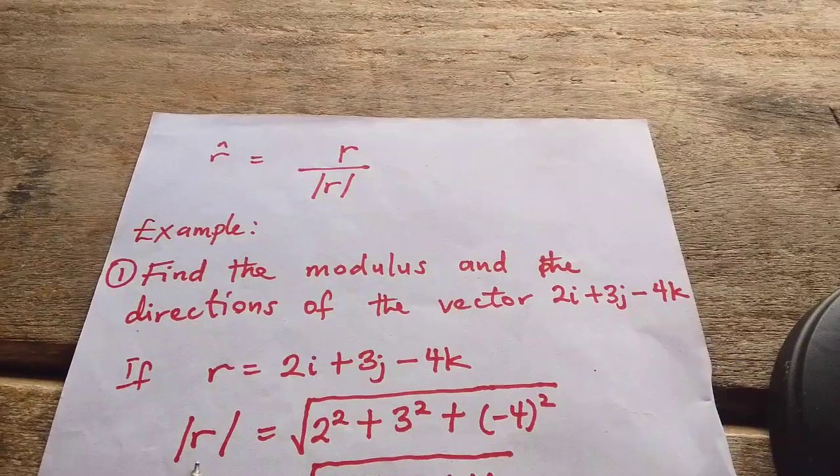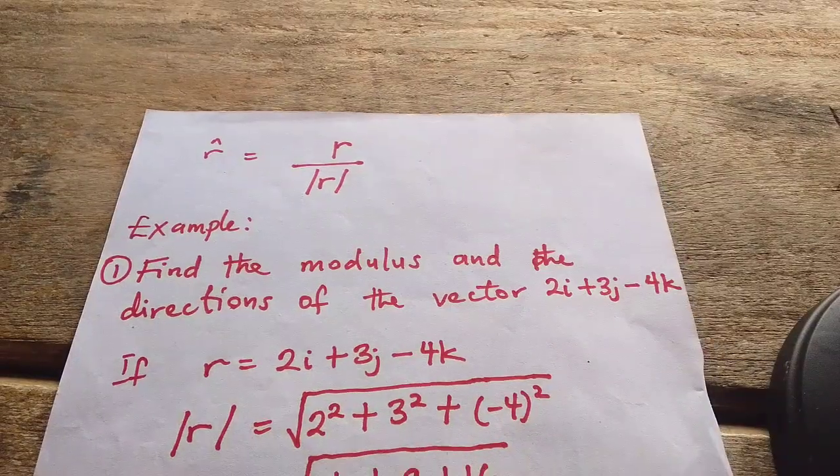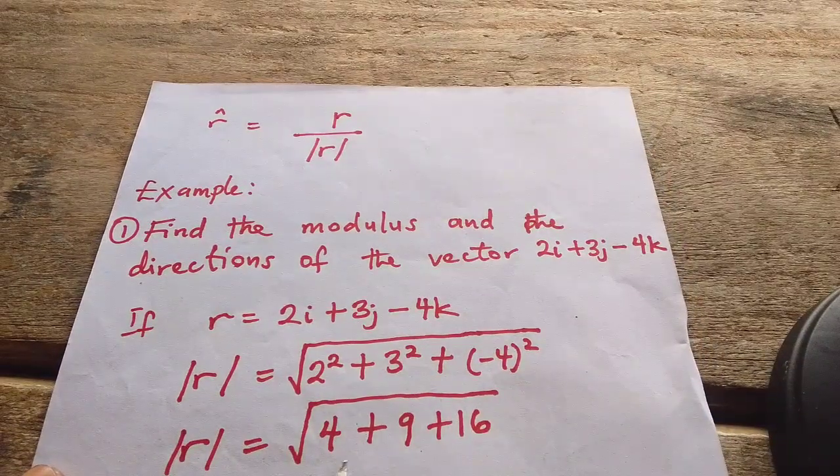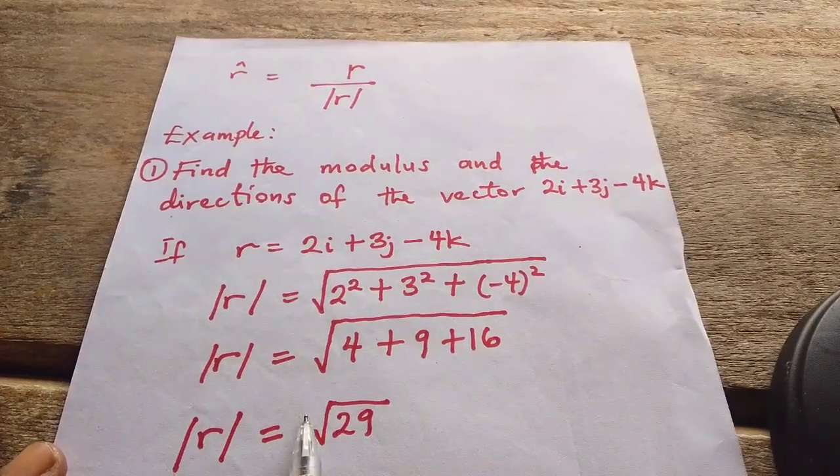So the magnitude will be the square root of the x component squared plus the y component squared plus the z component squared. So 2 squared plus 3 squared plus minus 4 squared. 2 squared is 4, plus 3 squared is 9, plus minus 4 squared is 16. 4 plus 9 plus 16 gives us 29. So the magnitude is root 29.